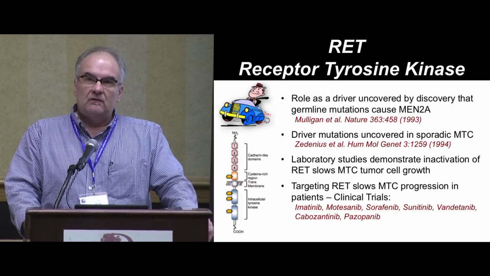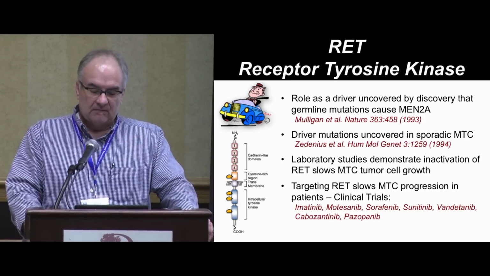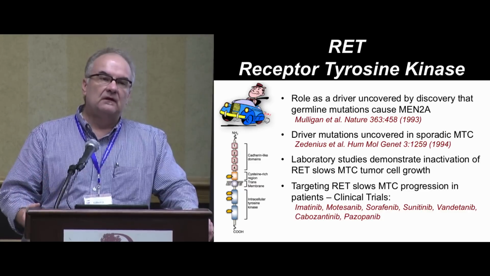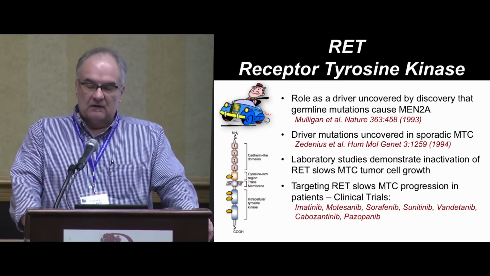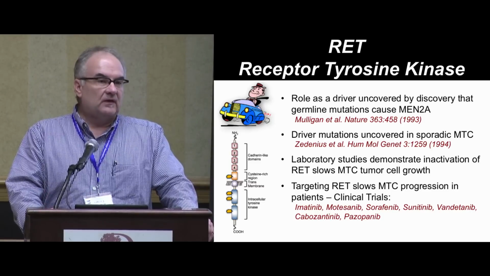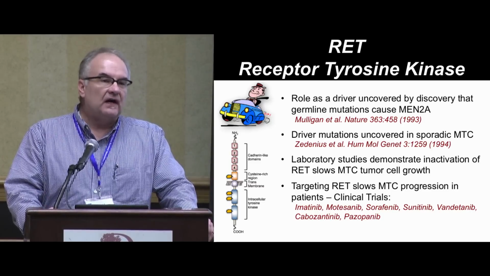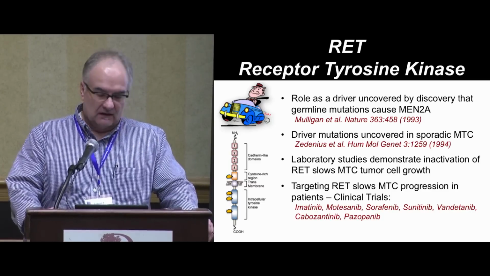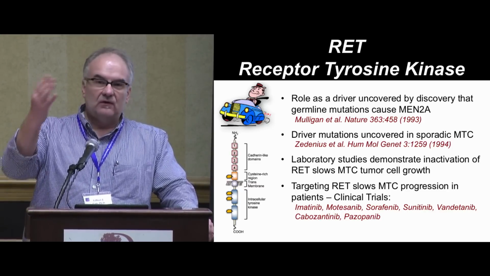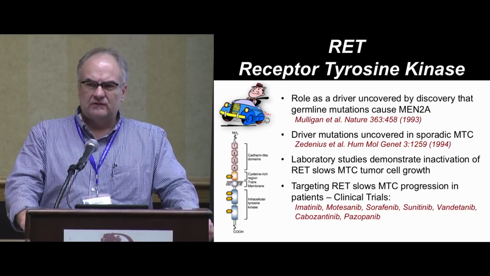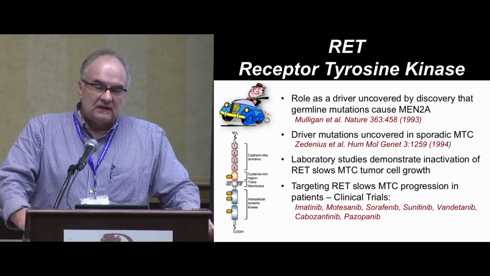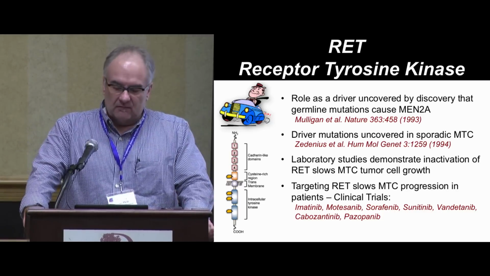And we know now from the past 6 years of studies that in clinical trials, if you use drugs that were developed to inactivate RET, that MTC growth slows in a lot of people, what we call progression-free survival, PFS. And drugs like imatinib, mitasinib, sorafenib, which I heard when I walked into the room, which is also Nexavar, they slow cells that are being driven by RET.